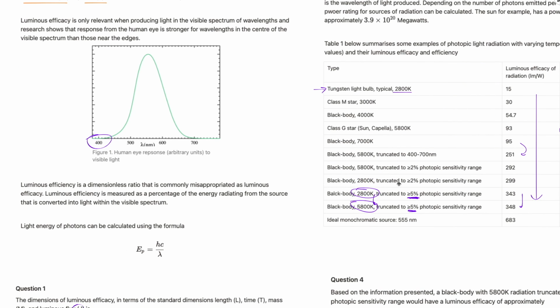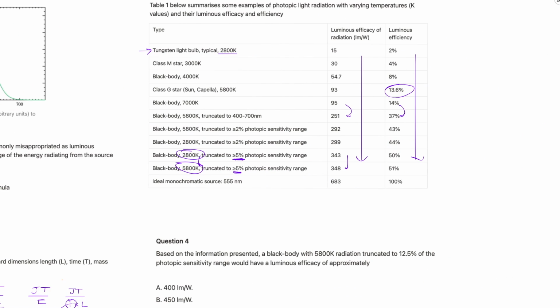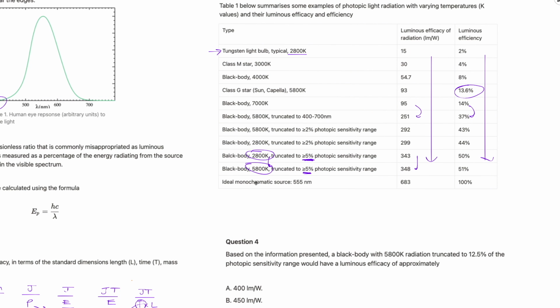So you can see that what this means, you don't actually have to come into the test or into these questions knowing what this really means. It's more so about relating it to the information that's given. And so the sensitivity range is going to be really the visible spectrum. And when you're talking about truncating a graph, you're talking about chopping it off, right? Chopping off sections. So we're going to be truncating it at greater than or equal to 2%.